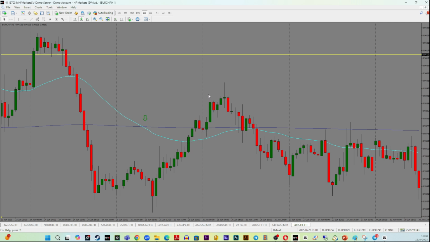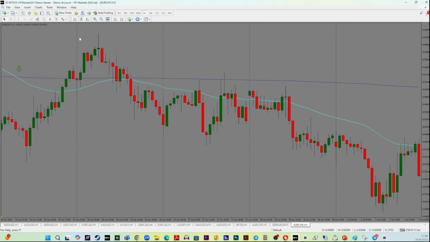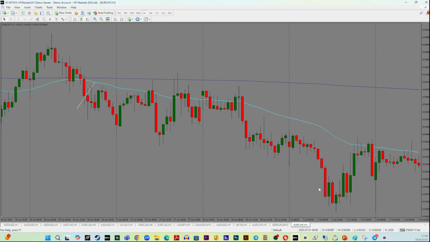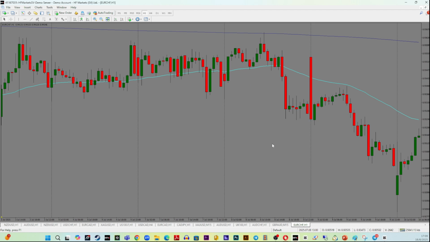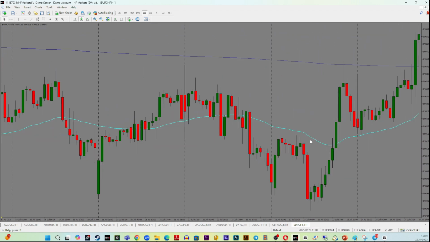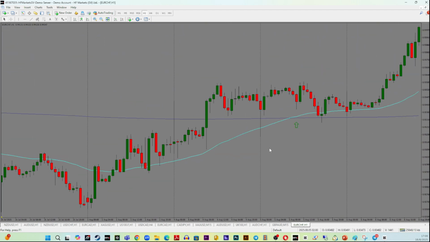It went right above the 50 and then it closed below the 50, clearly with this candle. We can see this candle closing below the 50, with our stop loss above structure and our take profit at 2R, like that.